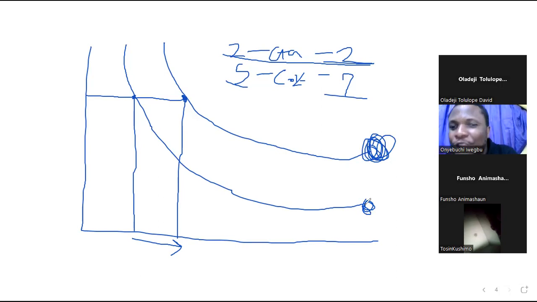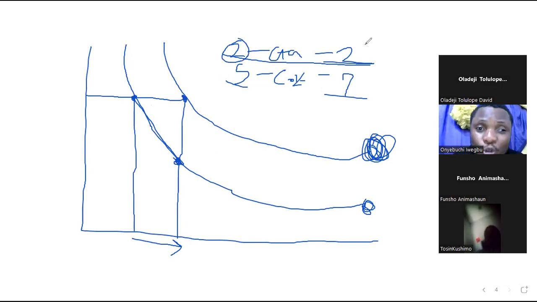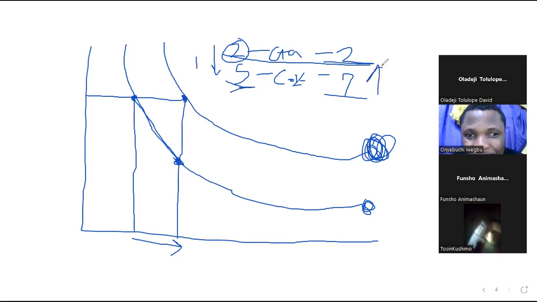But this analogy is different from moving from this point, coming down to this point. If you move from here to here, it is no longer 2 gari you will consume. Gari must drop, maybe to 1, for Coke to increase to 7.